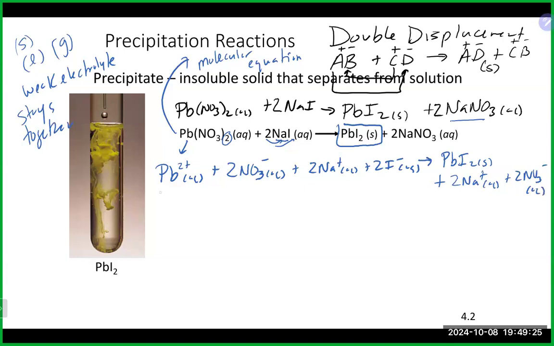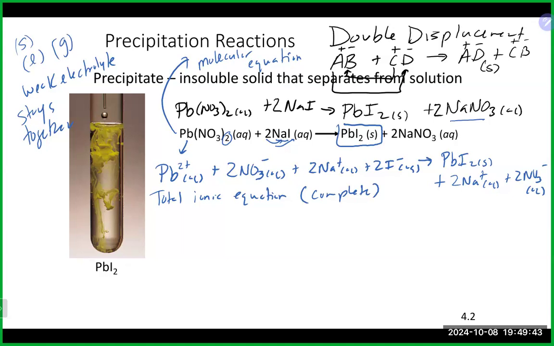This equation is what is sometimes referred to as the total ionic equation. It describes basically what is happening in the beaker, test tube, whatever you got going on there. Sometimes people call it the complete ionic equation, or sometimes people just call it the ionic equation by itself.